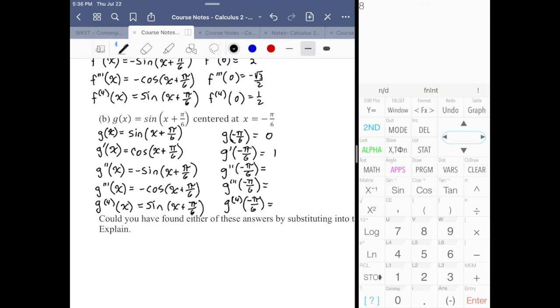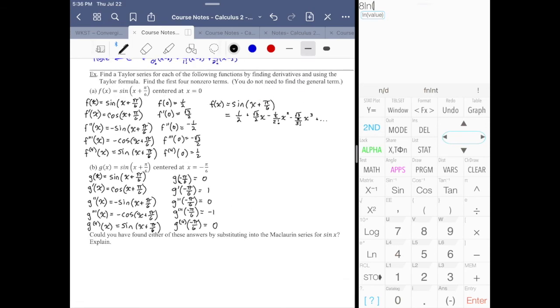cosine of 0 is 1, sine of 0 again is 0. Doesn't matter whether it's positive or negative. Then we'll have a -1 and then back to 0. All right, so we have that alternating relationship.